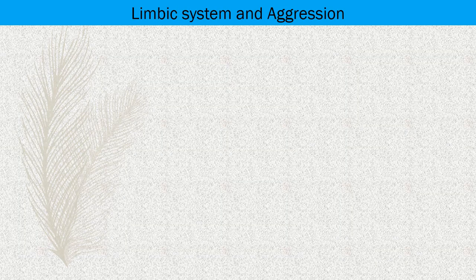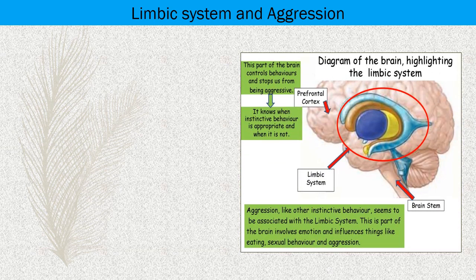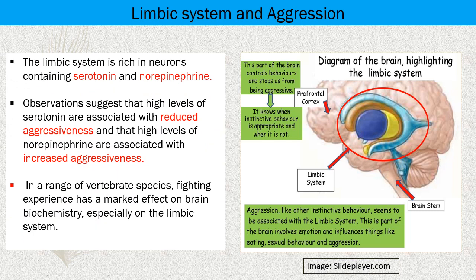Now, the limbic system and aggression. This diagram highlights the limbic system. There are several important structures within the limbic system, like the amygdala, hippocampus, thalamus, hypothalamus, basal ganglia and cingulate gyrus. The limbic system is rich in neurons containing serotonin and norepinephrine.